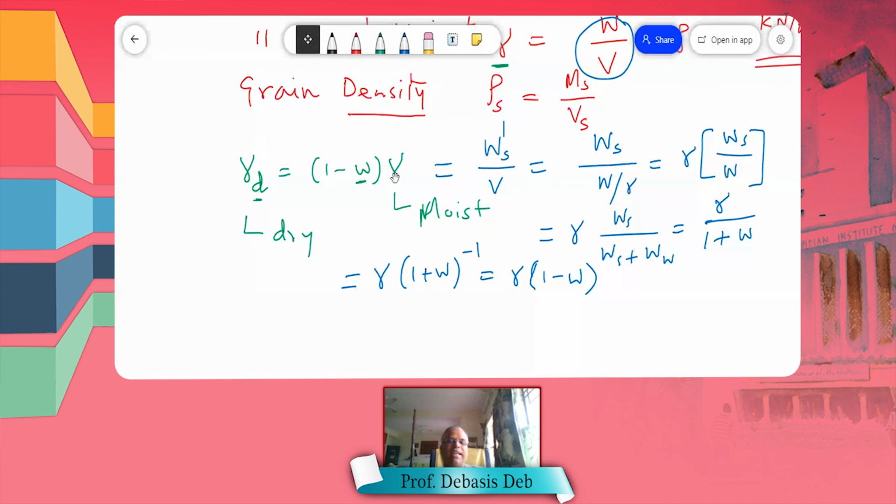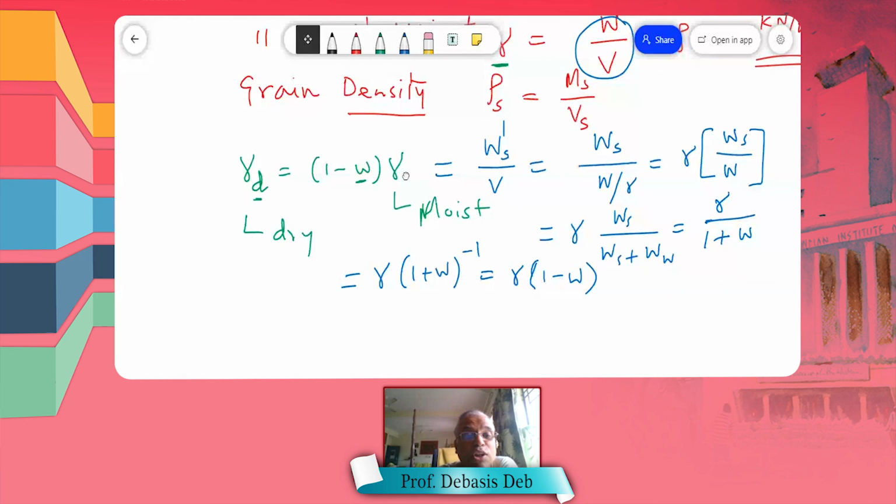Now, in order to find this grain density, okay, it's not so easy. You remember that somebody has given you a soil sample, and some part of that soil sample is porous. Now I ask you this way, how do you find the volume of that pore space? I give you a piece of sample.